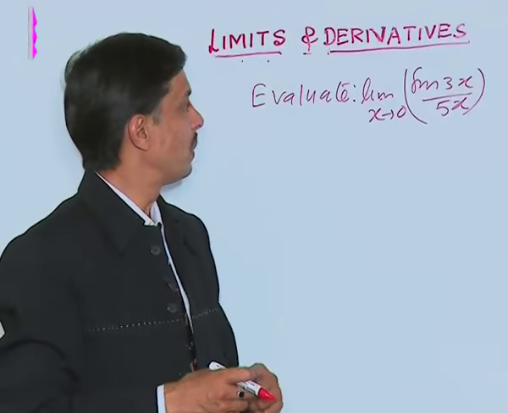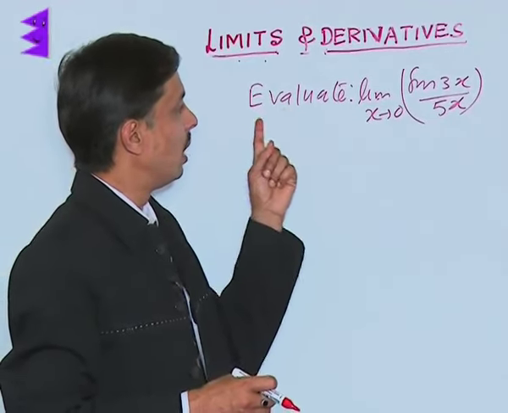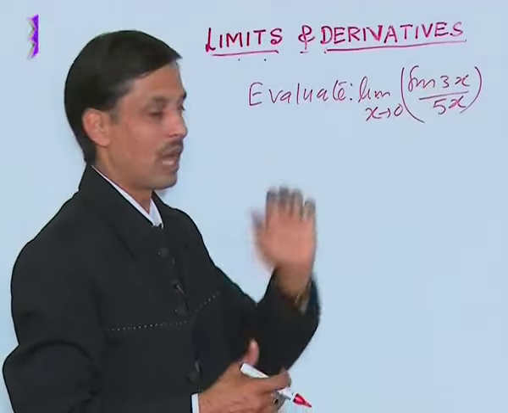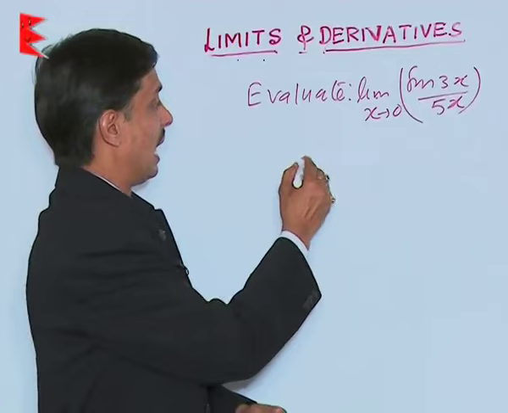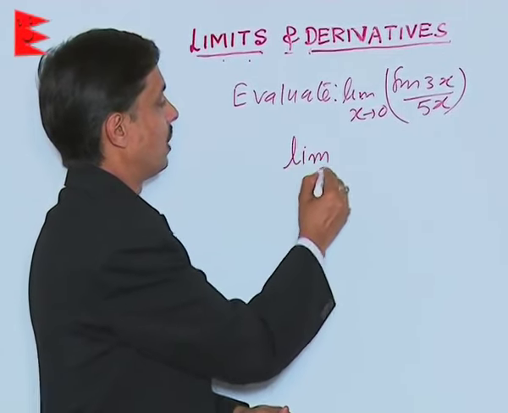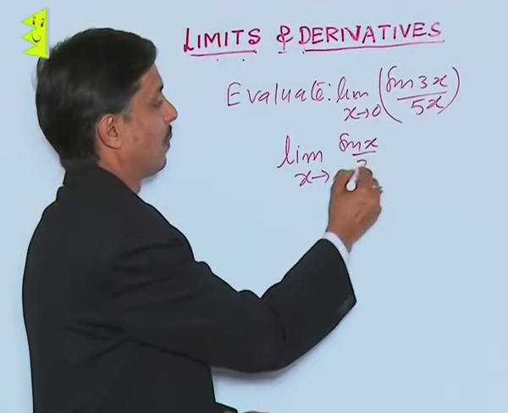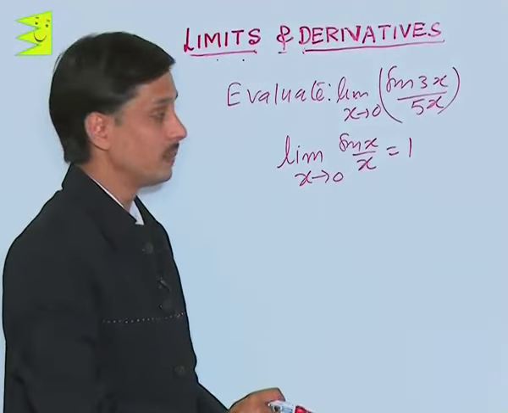Now I want to explain one more problem: the limit as x tends to 0 of sin 3x upon 5x. I have told you that if the limit as x tends to 0 of sin x upon x is there, then the answer is 1.